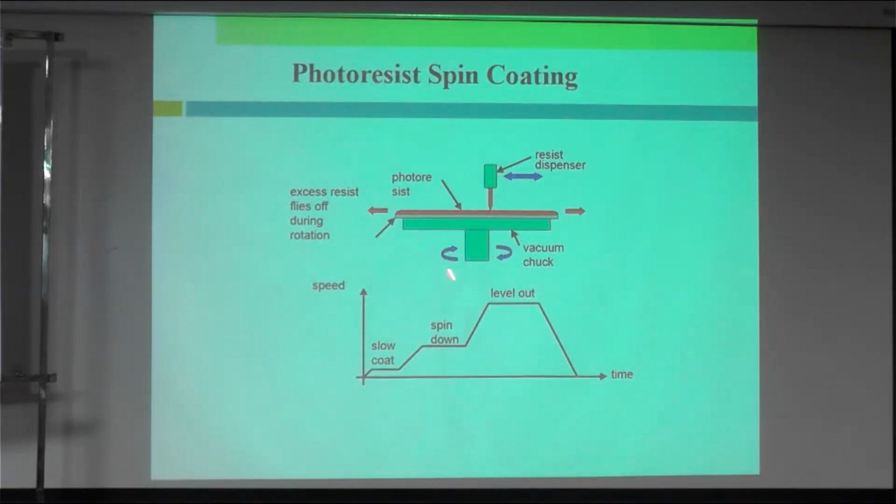Then this level-out step is to remove any high thickness at the edge; these high spins will remove the high built-up photoresist to be level, to be the same uniform thickness. So this is a typical setup or process parameter used for spin coating of photoresist on the substrate.